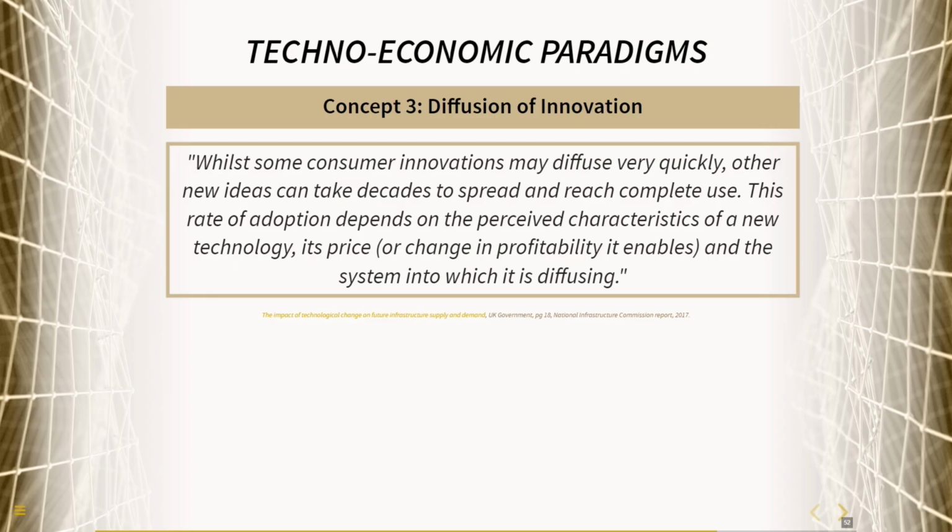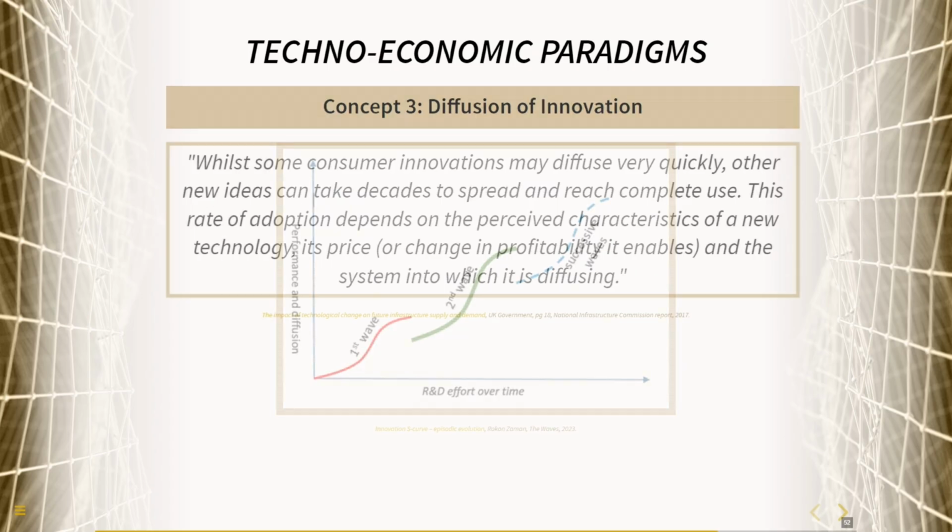So let's look at this quote for a moment, and it talks a little bit about infrastructure, right? While some consumer innovations may diffuse very quickly, other new ideas can take decades to spread and reach complete use. And that rate of adoption, right, that bridging of the digital divide, it really depends on the perceived characteristics of the technology, its price, and ultimately the system into which it is diffusing.